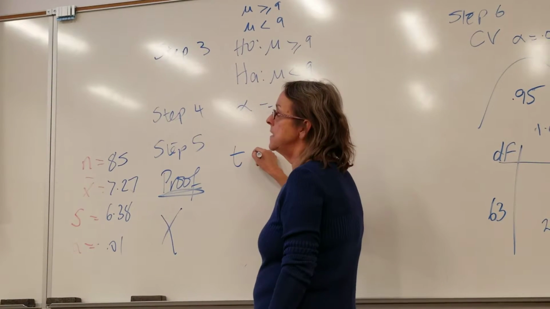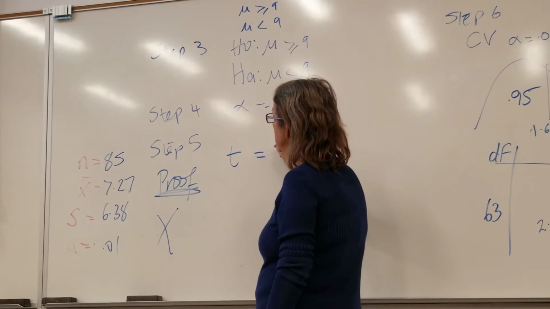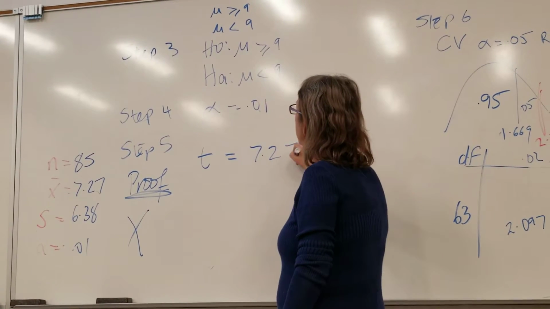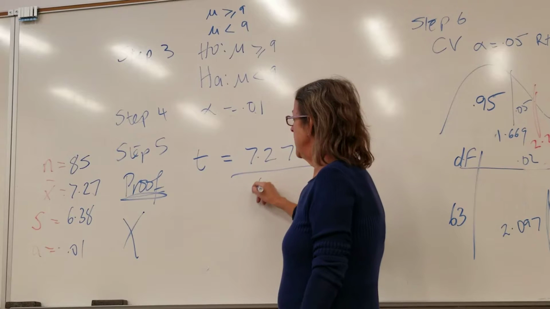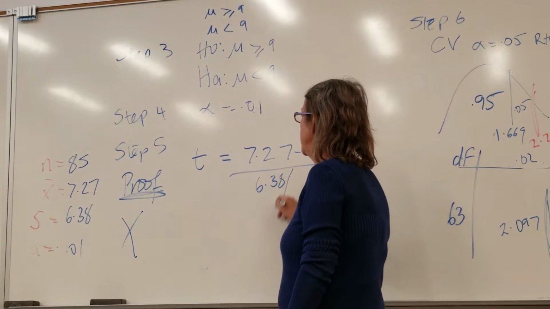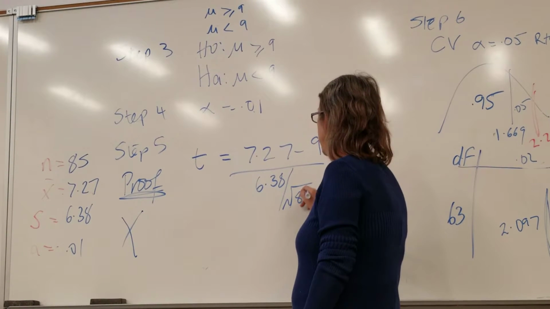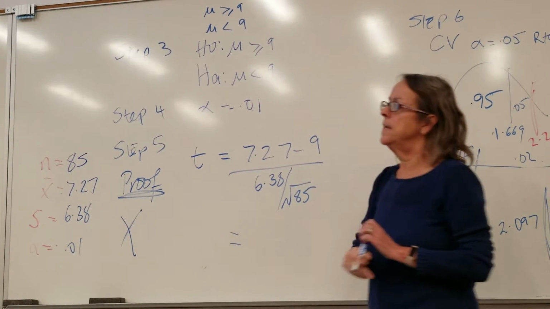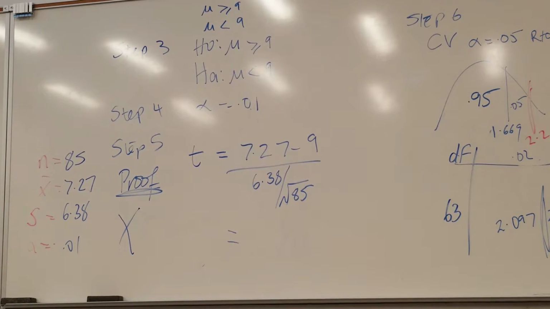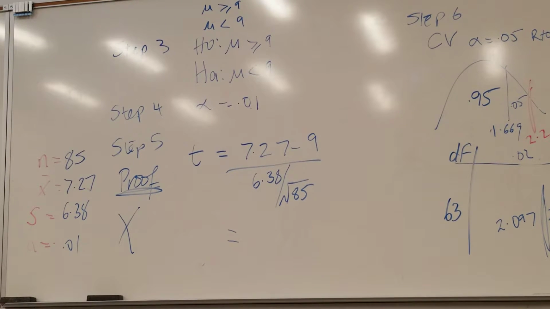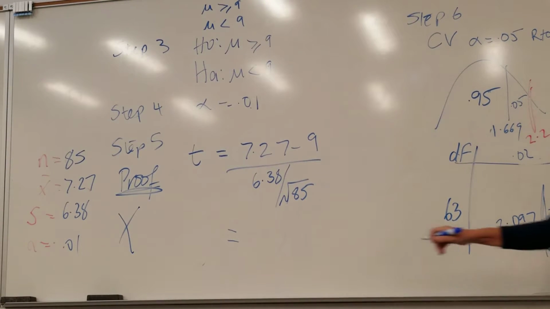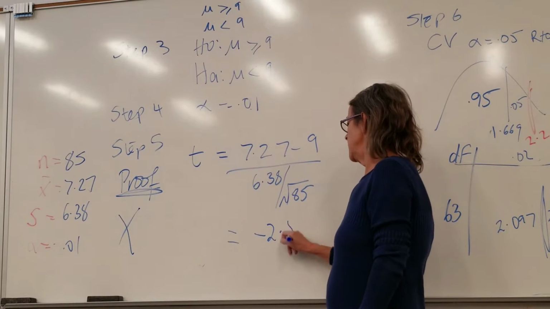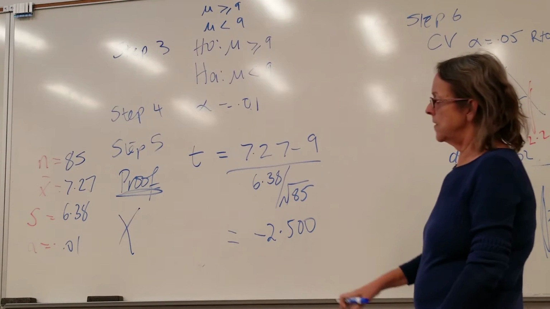So I'm going to use a t-score, and my t-score would be the sample mean minus the hypothesized mean divided by the standard deviation over the square root of 85. Okay, these are the hypotheses that we came up with. This gives you a t-score of negative 2.50. That's the t-score that you come up with.